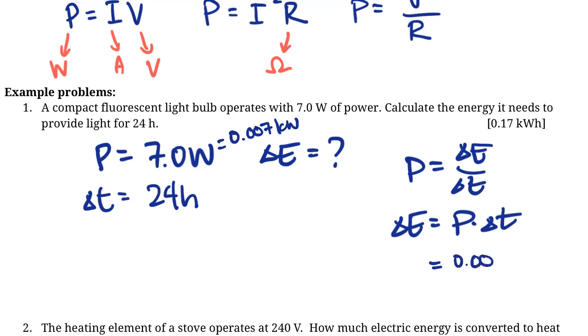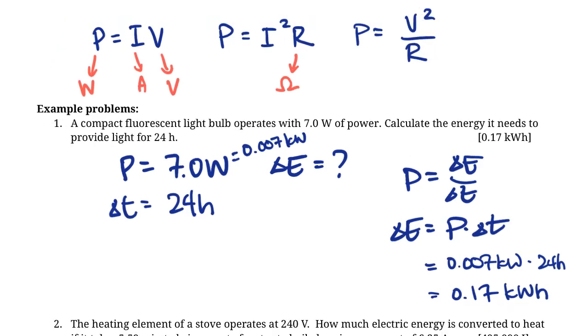So 0.007 kilowatts times 24 hours gives us 0.168, or rounded to two significant digits, 0.17 kilowatt hours. So that makes sense.